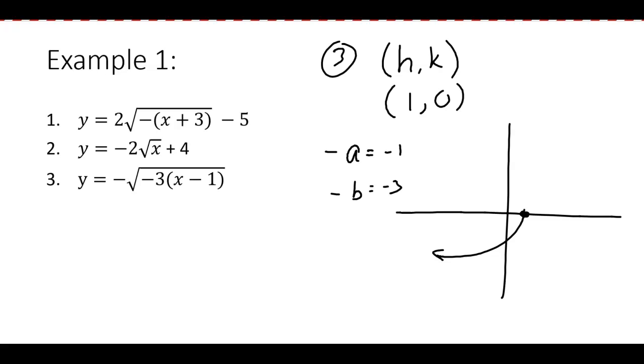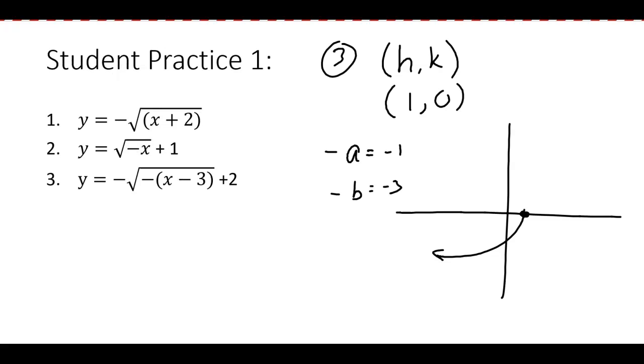And then there's a student practice for you guys here, so I'm going to let you guys take care of these 3 problems. Now, I think the part that we've been having the hardest time with so far, as I've been working with you guys, is A is the number in front of the square root.